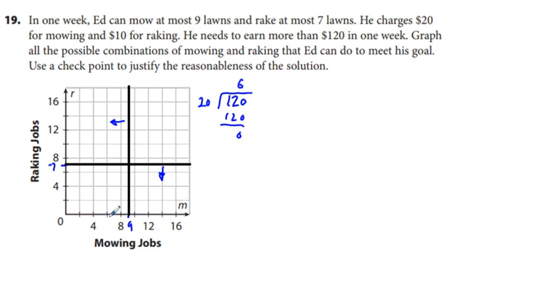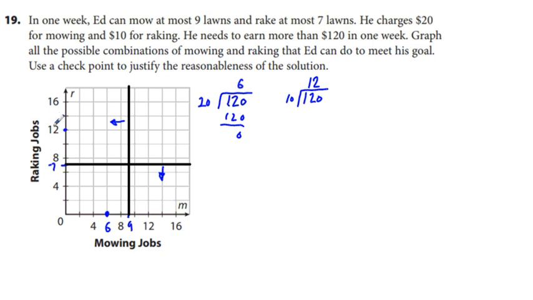So we can go right here to 6, and I'm marking that right on the x-axis. And then for the raking jobs, $10. So we take 120 and divide that by 10. We get 12. So 12 raking jobs will do it.